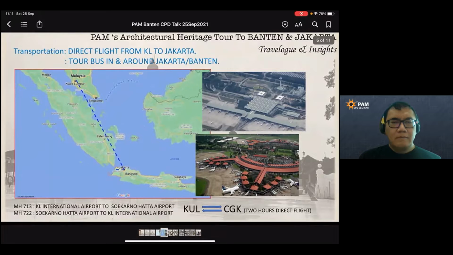In Indonesia, they call it macet. It's very busy traffic. So it took maybe 1 or 1.5 hours for just a short distance of 10 or 20 kilometers. It depends. Our flight took about 2 hours from KL to Soekarno-Hatta, to and fro. So you can see KLIA, and the bottom one is Soekarno-Hatta Airport.